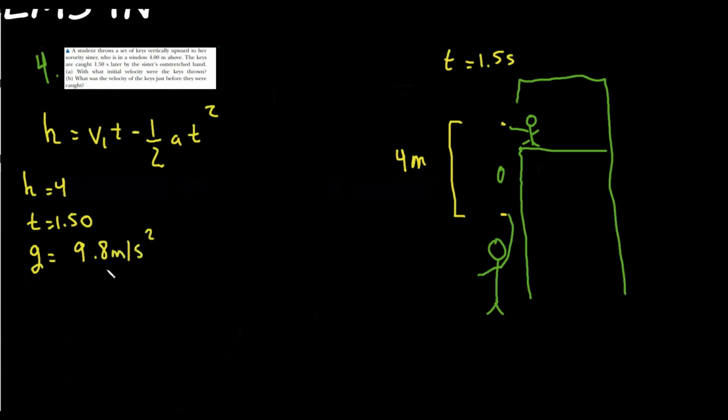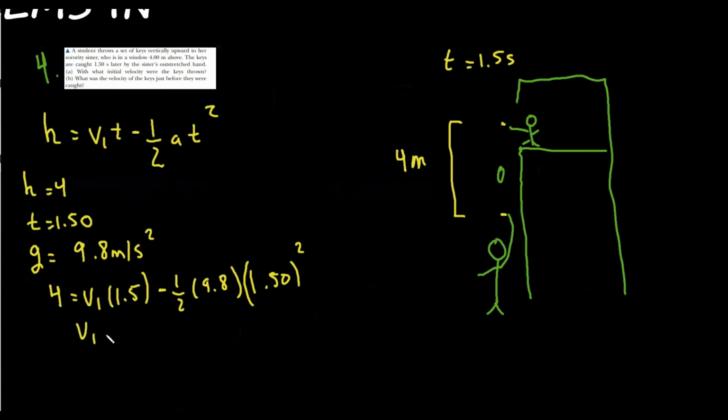So if we plug all this in, we get 4 is equal to v1 times 1.5 minus 1/2 times 9.8 times 1.50 squared. So if we isolate for v1, we get 10.01 meters per second.